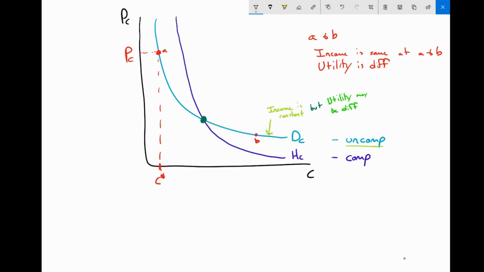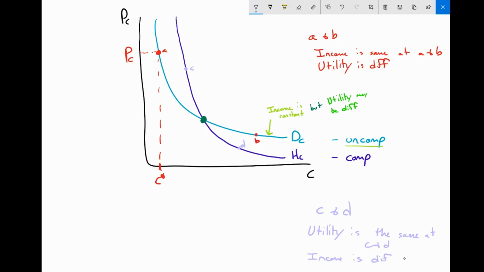Okay, now alternative option. Let's say here's point C and point D. On the compensated demand curve, point C and D, at both of these levels of consumption, the utility that the agent achieves is the same. But income is different.